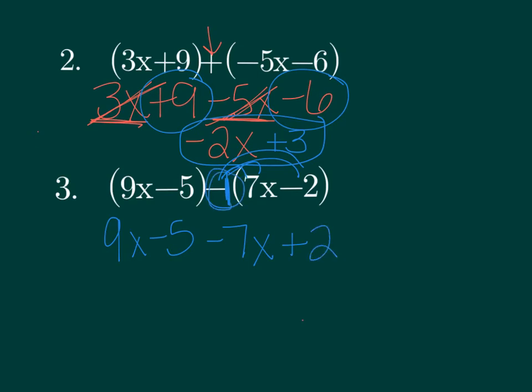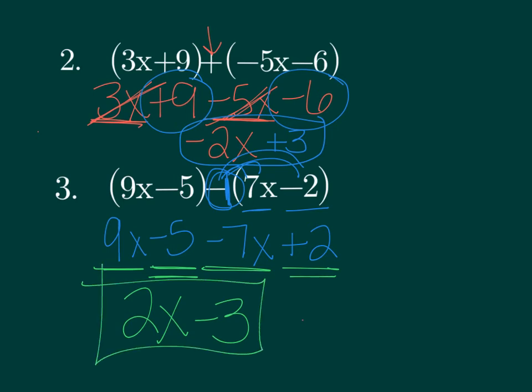When you distribute a negative, it changes the signs. Both of them, everything in parentheses. So now I have 9x minus 7x, which is 2x. And then I have a negative 5 plus 2, which is a negative 3. And this is my answer. I can't combine those because they're not like terms.